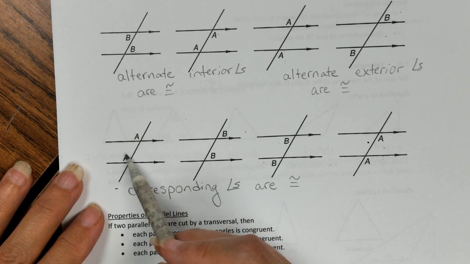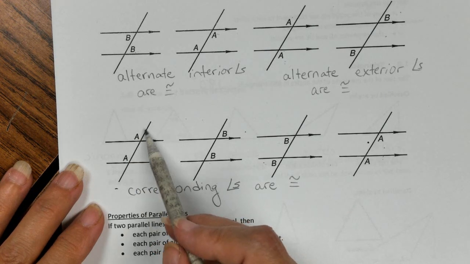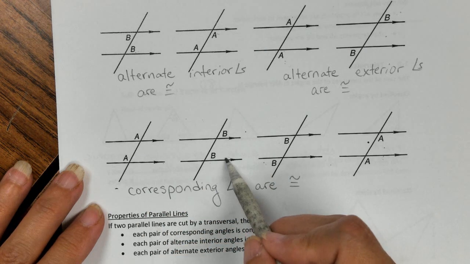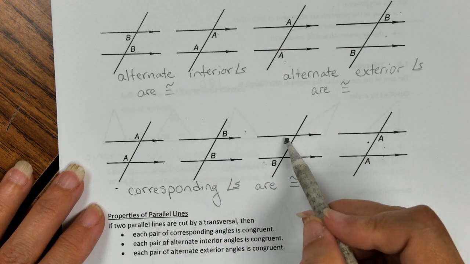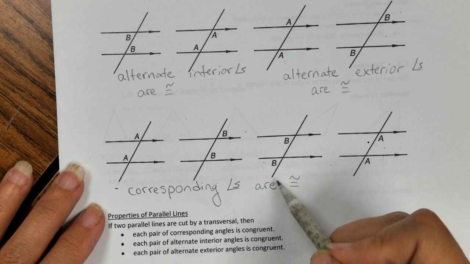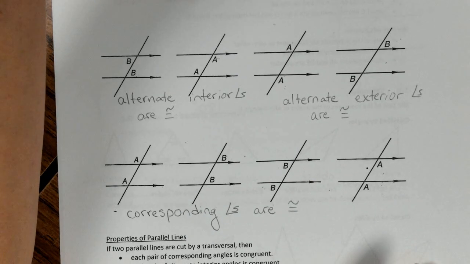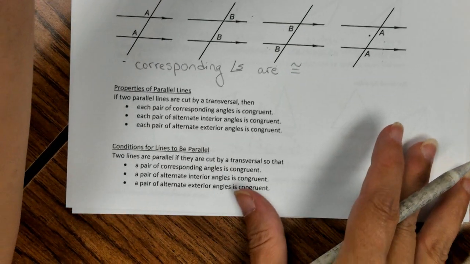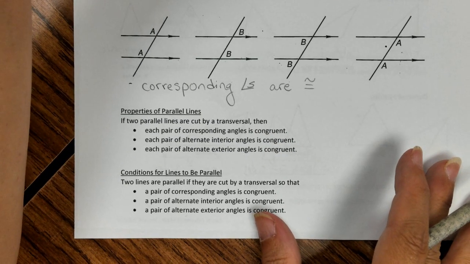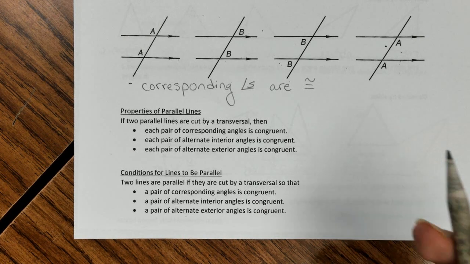Here they're both above a parallel line and to the left of the transversal, or above and to the right of the transversal, or they're both below a parallel and to the left or the right of the transversal. They're in the same relative position. They are corresponding angles.